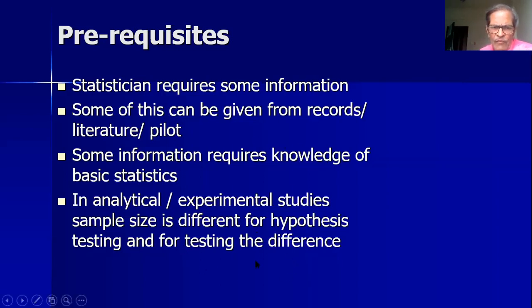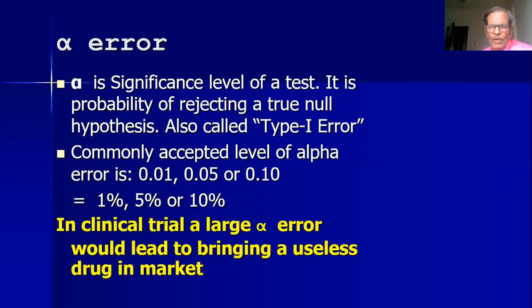Or they want to find out the actual difference in the variables because the question is of difference type. The sample size required for these two will be different, and hence the investigator has to tell the statistician whether the study sample is required for testing the hypothesis or for testing and estimating the difference between the variables in the research question.